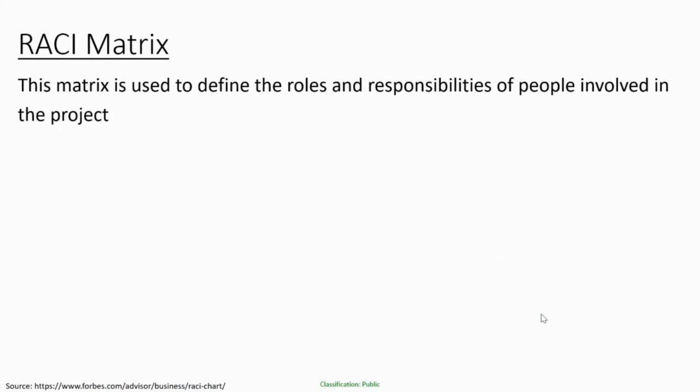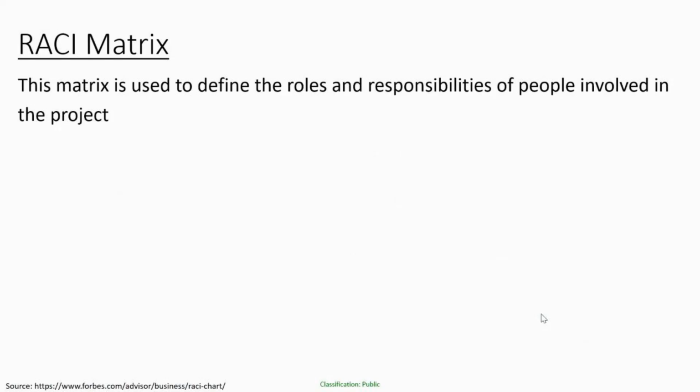The person who is going to be accountable to make sure that it is getting done in the specific timelines would be some other person. Then the person who would be consulted, the one who can provide the required information for it, would be someone else. And the set of people who should be informed about what is happening, getting the updates, being aware of where we are right now, would be some other people altogether.